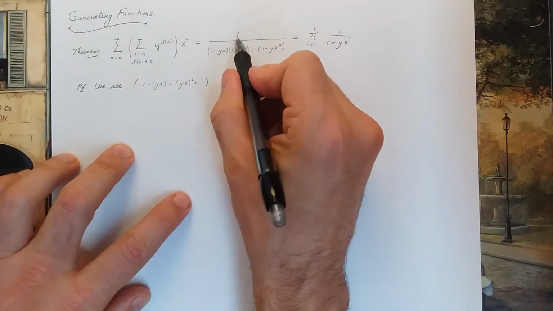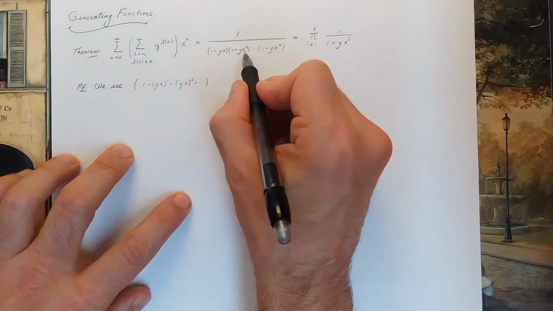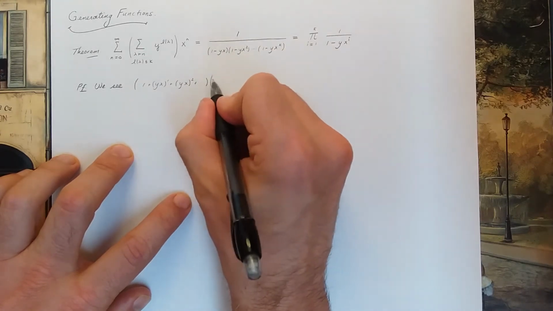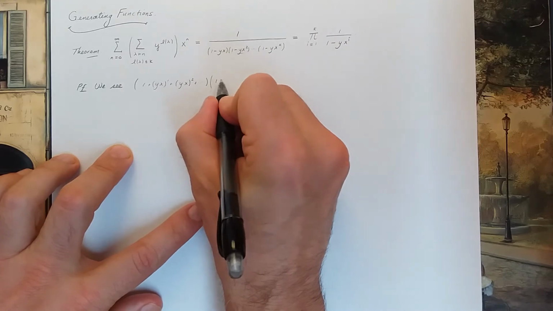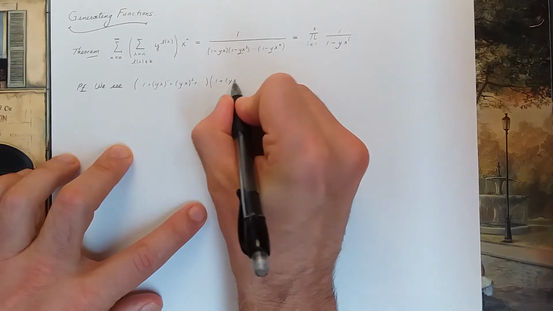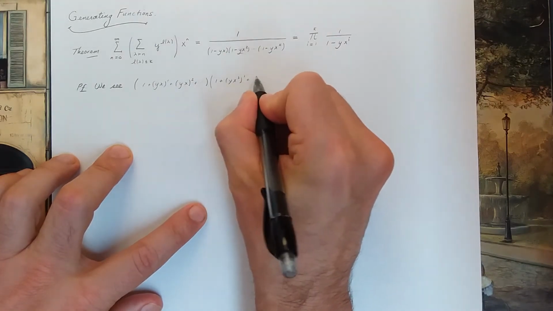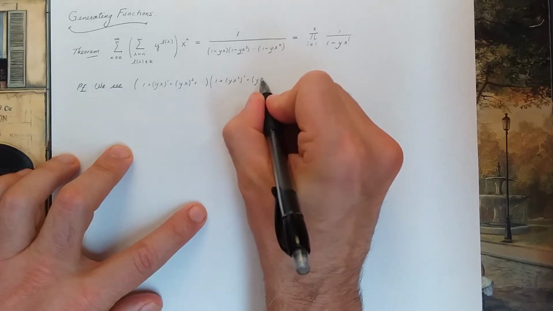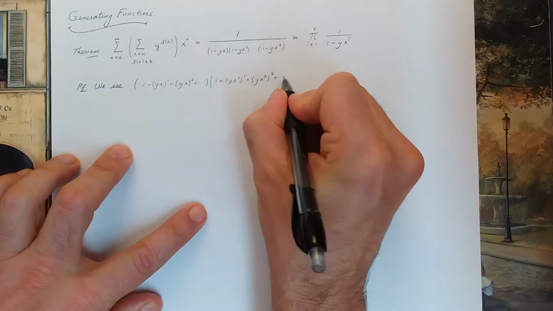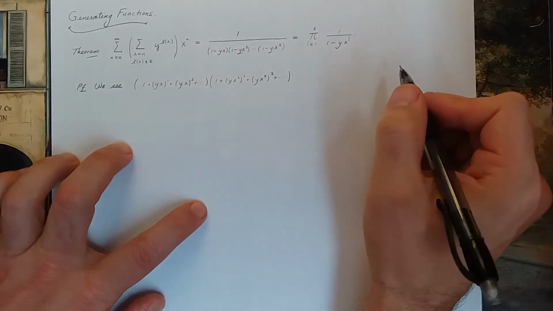The second term, 1 over 1 minus yx squared, is another geometric series, but it's a geometric series in yx squared. So I get 1 plus yx squared to the first plus yx squared squared, and so on.